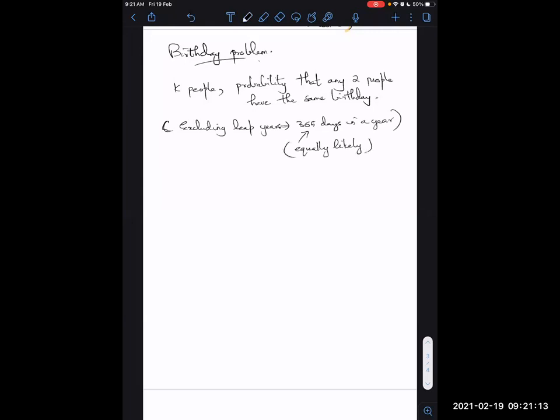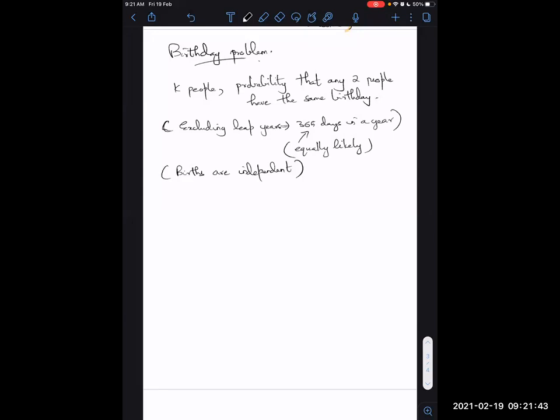We also make the assumption that the births are independent. We'll come to what we mean by independence in a concrete manner in the next lecture, but here you can think of it as follows. Two births are independent if one person's birth does not affect the birth of another person. For example, say there are twins in a class.